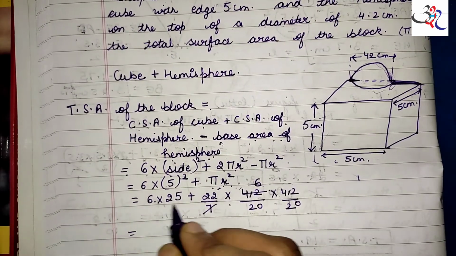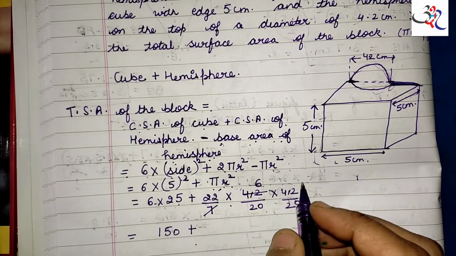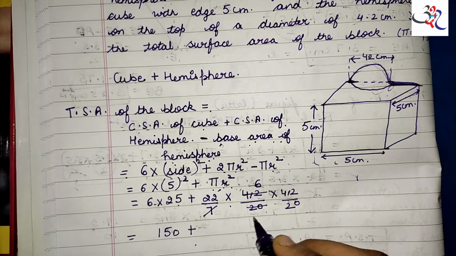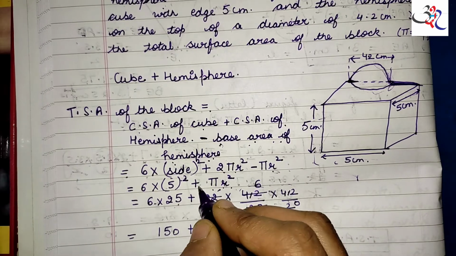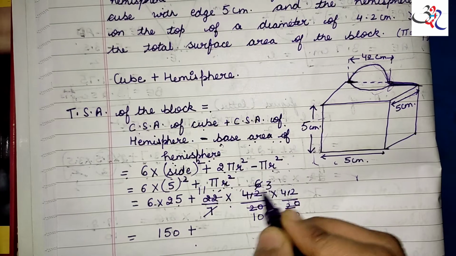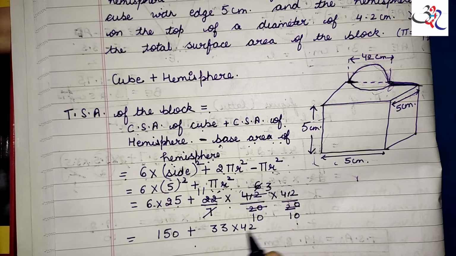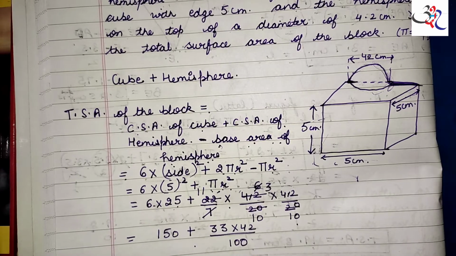Okay, so what I will get? I will get 150 plus, solve this, how much you can? 10. This will give us 11. And if I will do this, then I will get 3. Then 11 into 3 will give me 33 into 42 divided by 100.